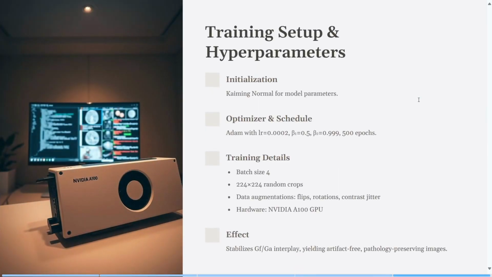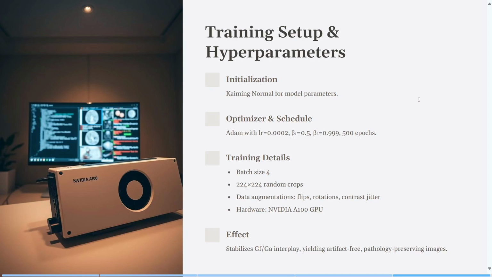Now coming to the training setup and the hyperparameters, all networks were initialized using the Kaiming normal method, which is commonly used in deep CNNs to ensure stable gradients. The Adam optimizer was used with a learning rate of 0.0002 and momentum parameters set to 0.5 and 0.999. The model was trained for 500 epochs with a mini batch size of 4 using an NVIDIA A100 GPU.